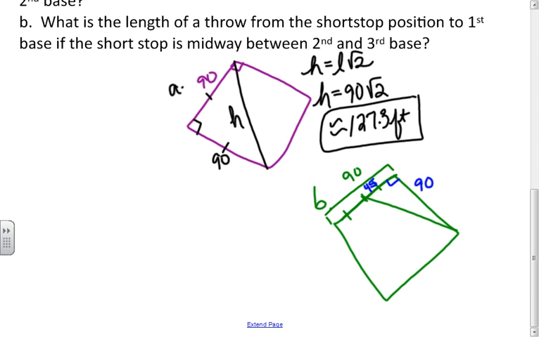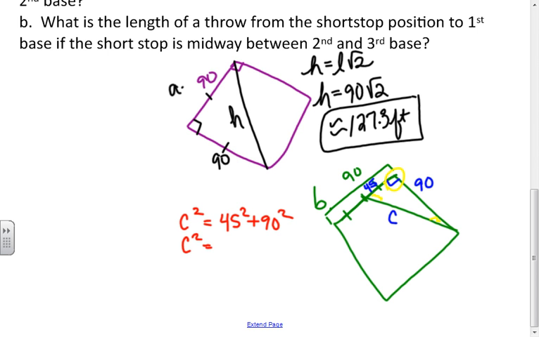So again, we could use the Pythagorean theorem, or we can look and see, do we have one of our special triangles? The only angle we know for sure is this 90. We can't assume, nor do we know, those two angles. So we go ahead and use our Pythagorean theorem that c squared is equal to 45 squared plus 90 squared.